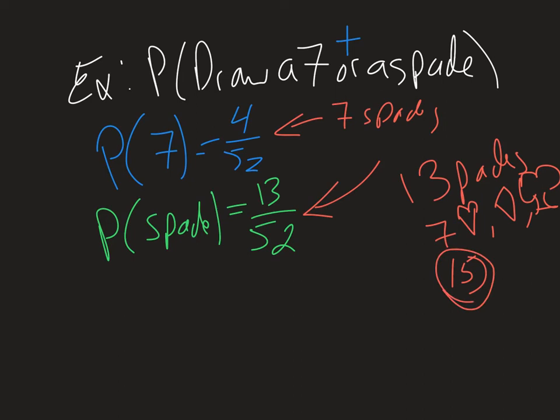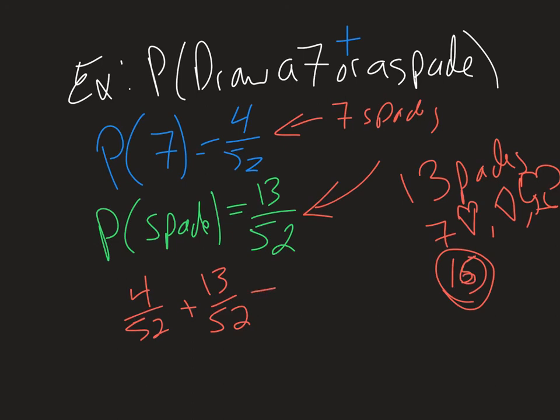So, if we were to add 4 out of 52 plus the 13 out of 52, we'd be 1 above what we need, and that would make sense because we're double counting the 7 of spades one time. Oh, forgive me, it wouldn't be 15, it'd be 16 possibilities out of the 52. So we'd be looking at 17 here.